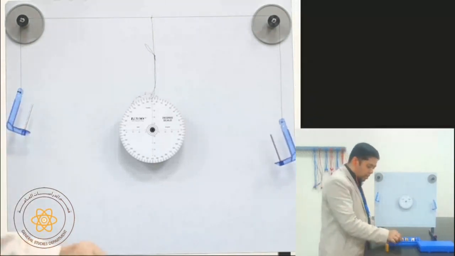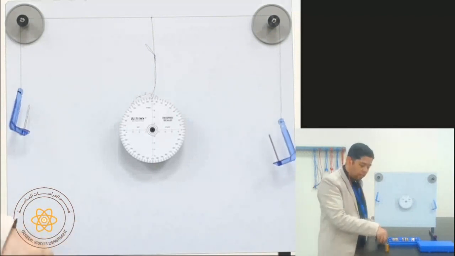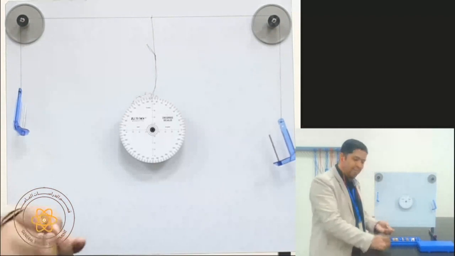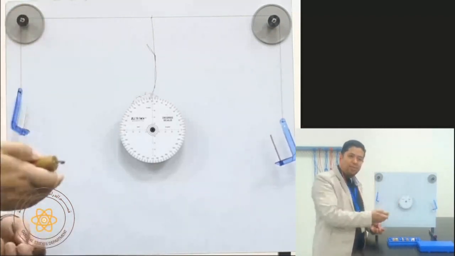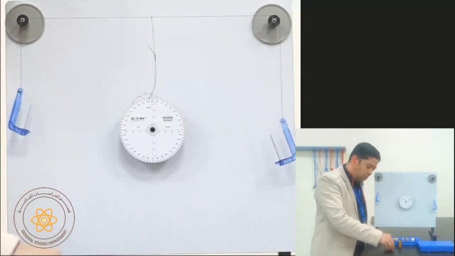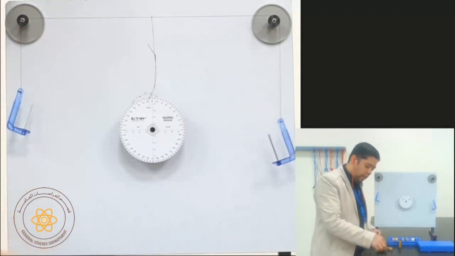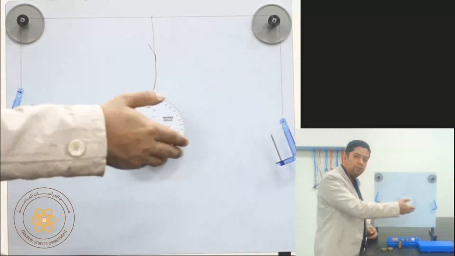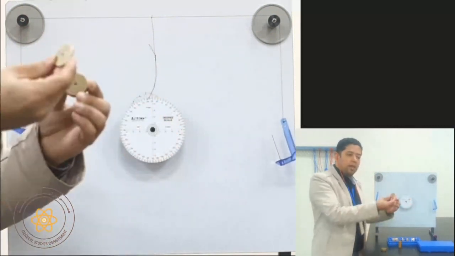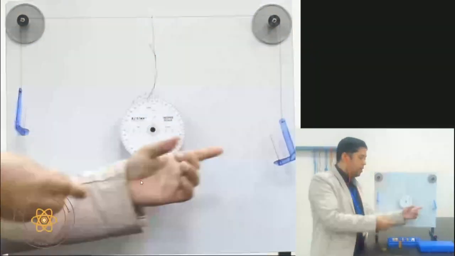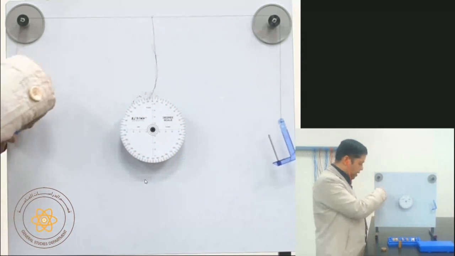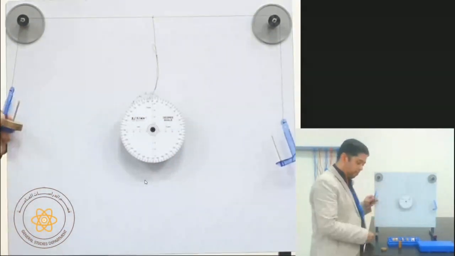Next, you take known values of masses and use them to balance the unknown mass in our system. Here's how you do it. I recommend the value of 75 grams for each of the masses or mass hangers. That would be a 50 gram mass plus a 20 gram mass plus the hanger itself, which is 5 grams. Combine them together and that's 75 grams.